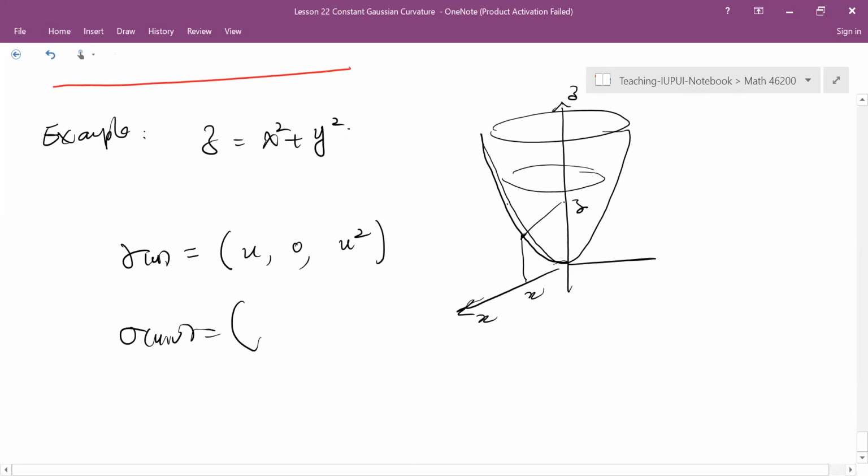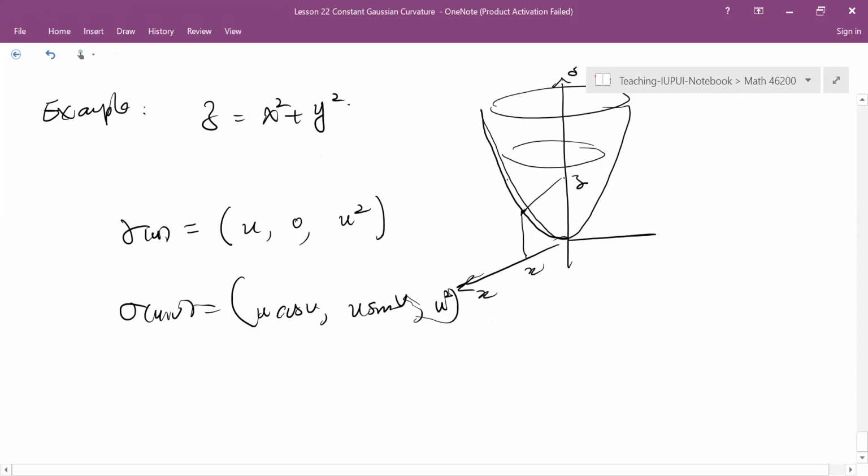You can set y to be 0, so z is x squared. So this will be u cosine v, u sine v, and u squared. You can use this parameterization to find this surface patch, to find the E, F, G.